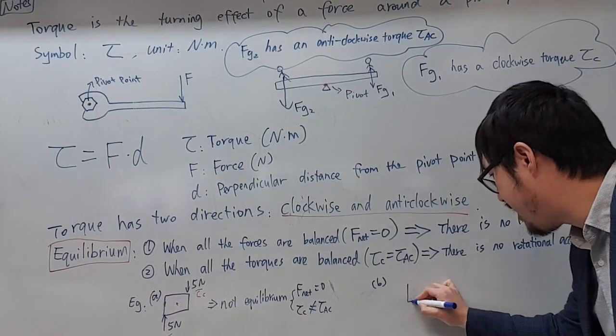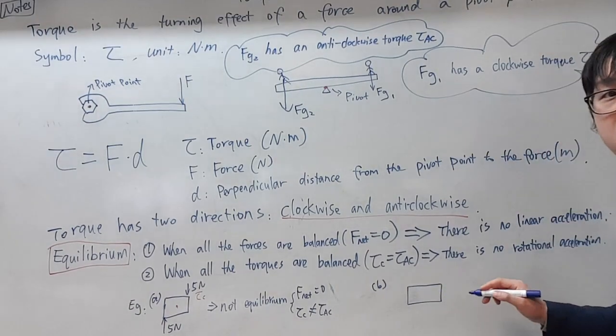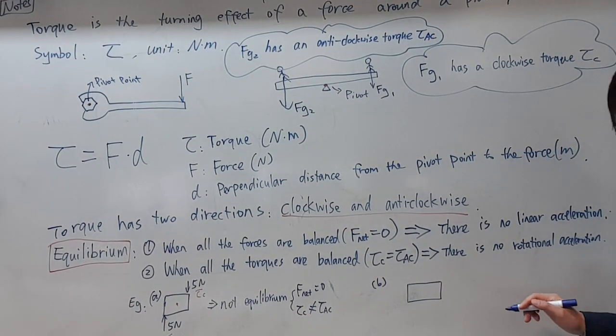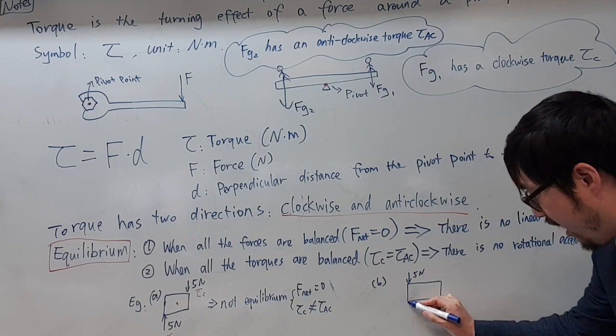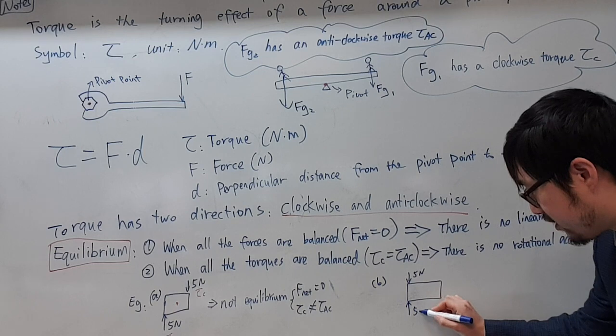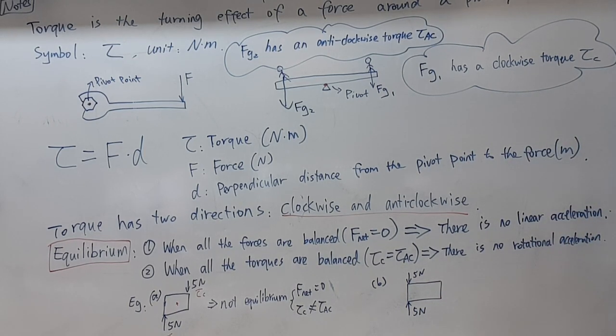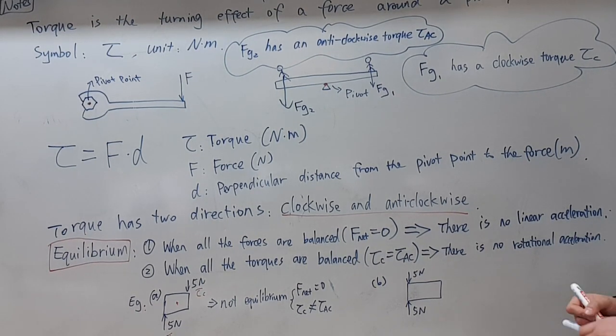Example B still has the same block, and this time my force is going to push over here, 5 Newton, and I have a force also pushing over here at 5 Newton. Let's say this object is floating in space, there's no gravity. We're analyzing this object floating in space. Now let's have a look. Again, the force is going to be balanced, right?